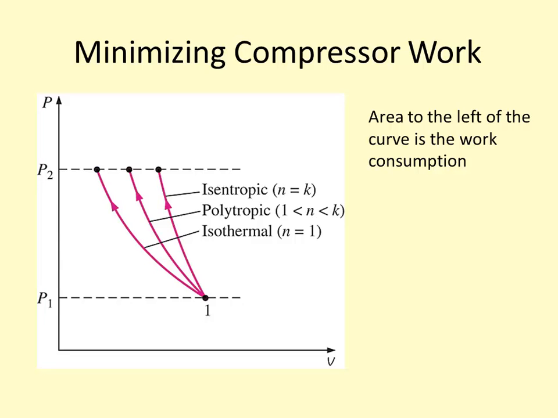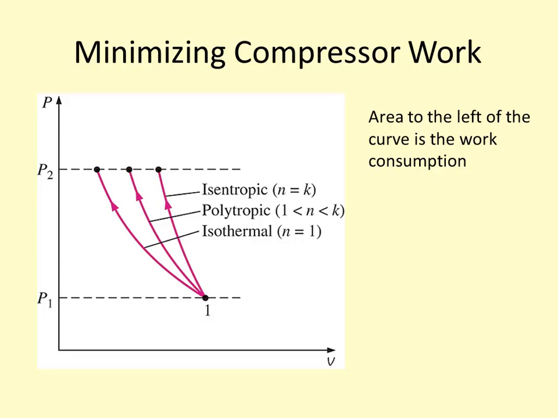So the work output or the work input is the area under the curve. In this case, because our work is equal to V dP, work of the compressor, it's the area to the left of the curve that represents the amount of work that needs to be done during the process.